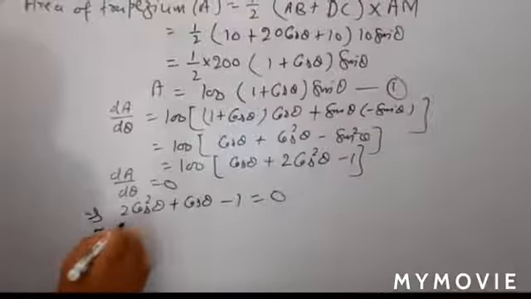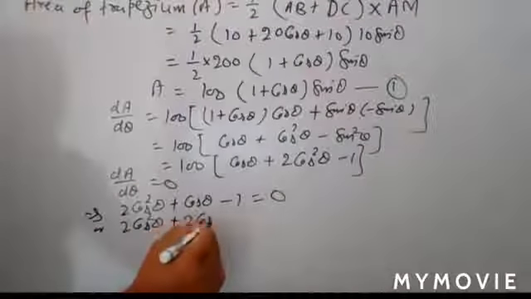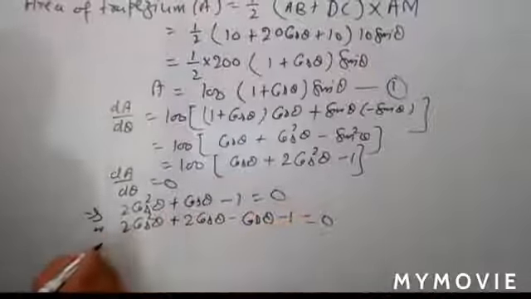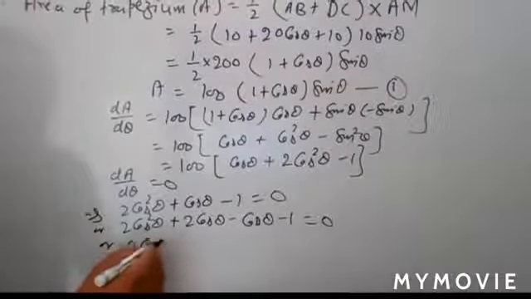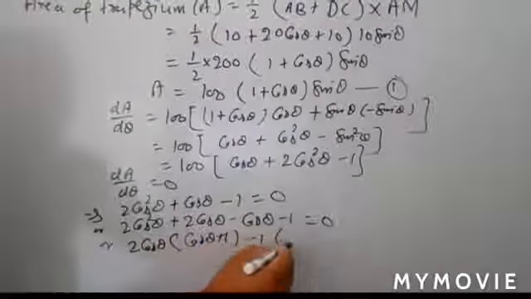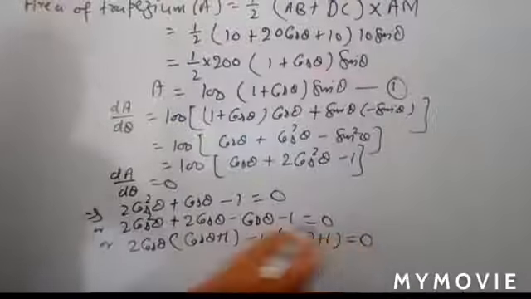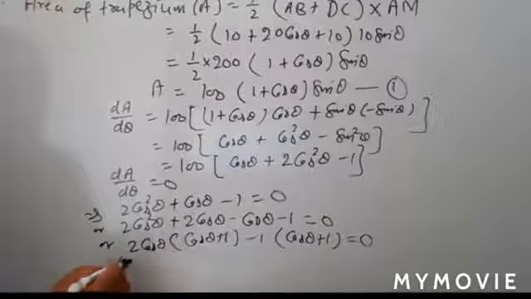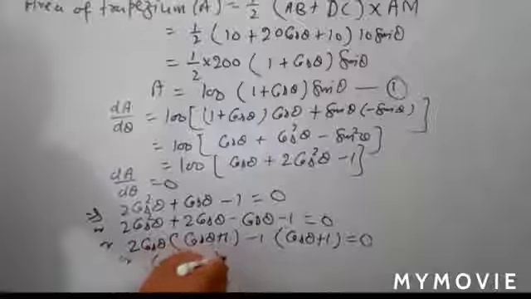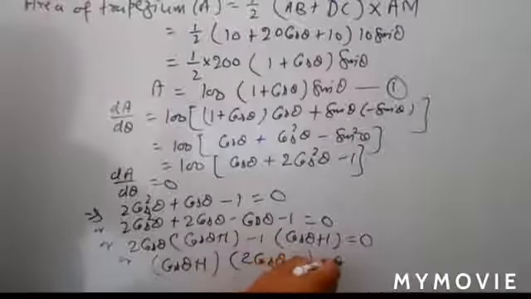So 2 cos square theta plus 2 cos theta minus cos theta minus 1 is equal to 0. 2 cos theta common, so here you have cos theta plus 1, minus 1 common, cos theta plus 1 is equal to 0. So you have cos theta plus 1 and 2 cos theta minus 1 is equal to 0.